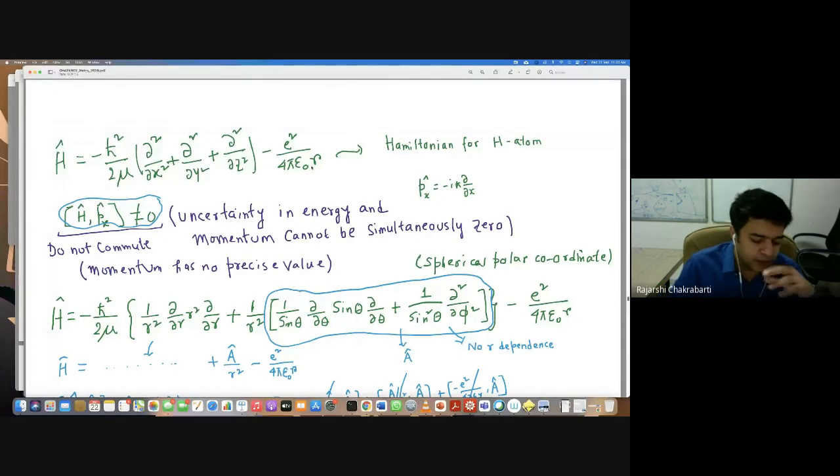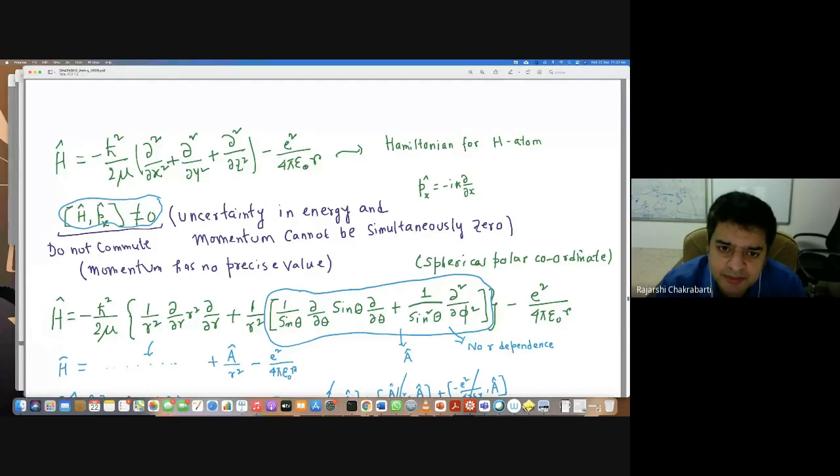Now this hydrogen atom problem has something known as spherical symmetry. Basically the potential has spherical symmetry because if you go from the center radially outward, the potential energy changes, but it doesn't depend on any angle.